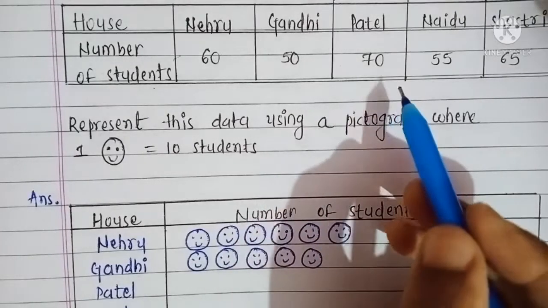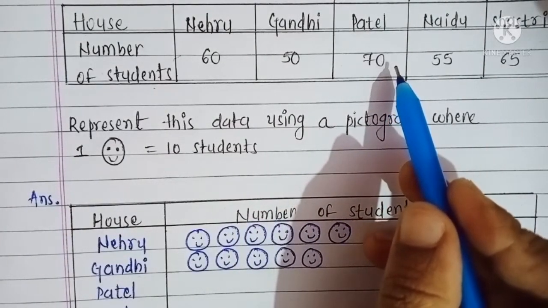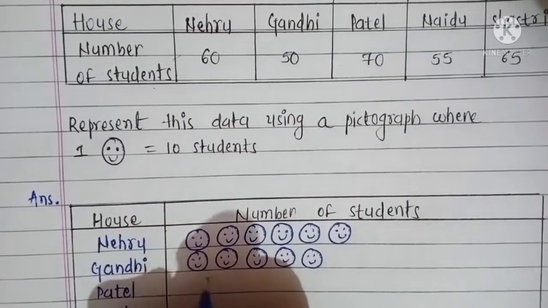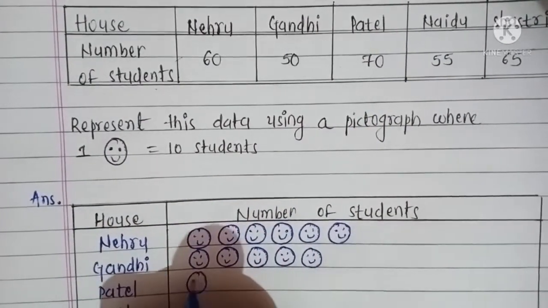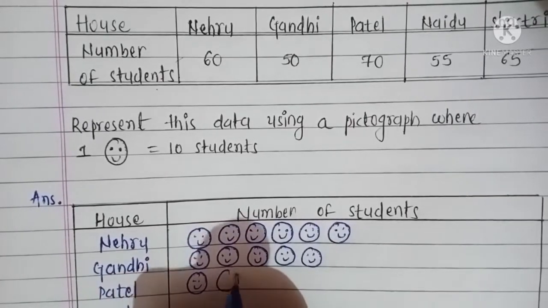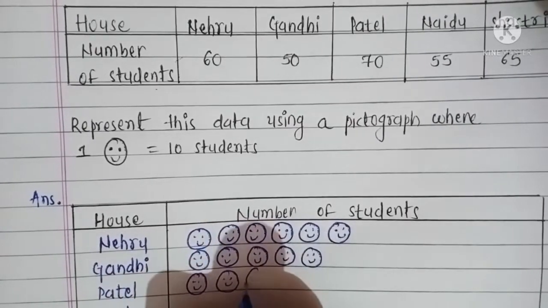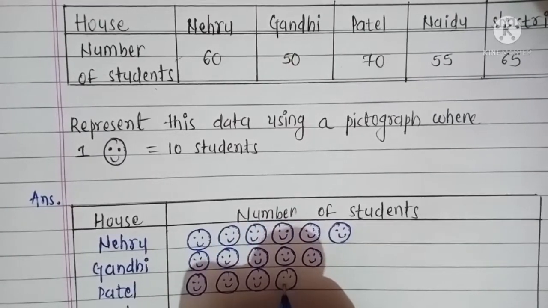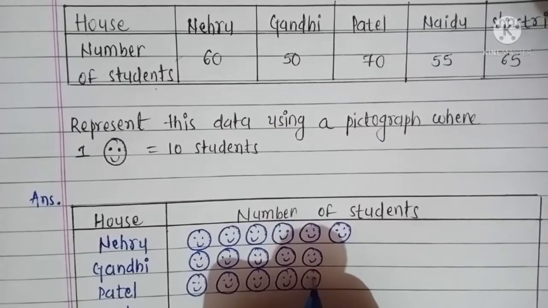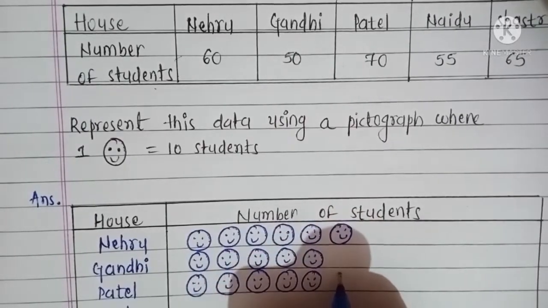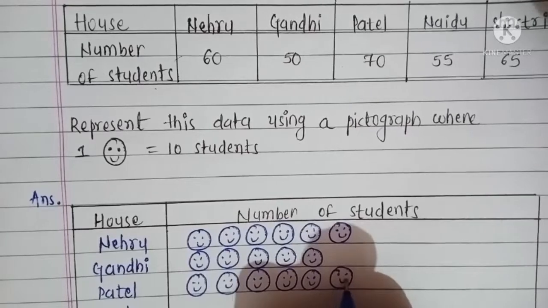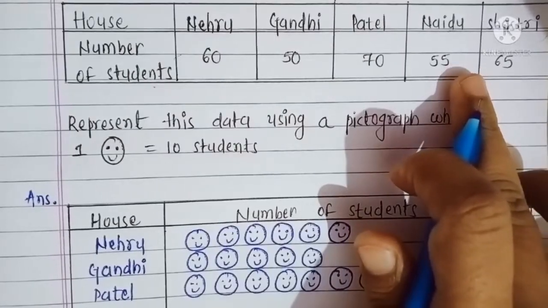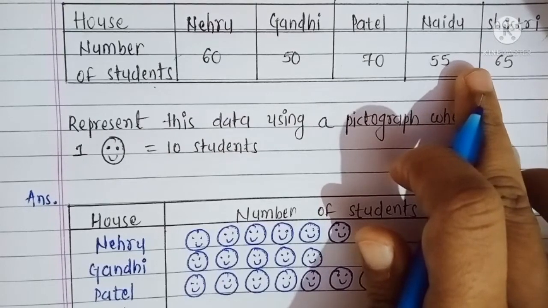Next, number of students in Patel is 70. So we draw 7 smileys. Next, number of students in Naidu is 55.